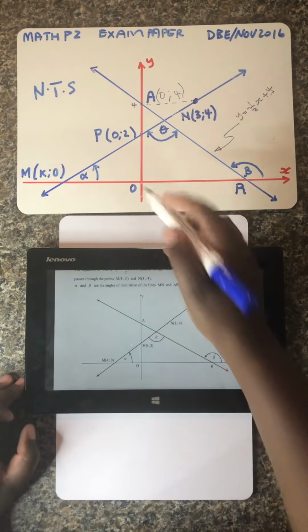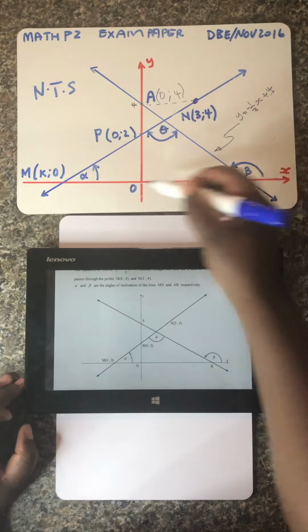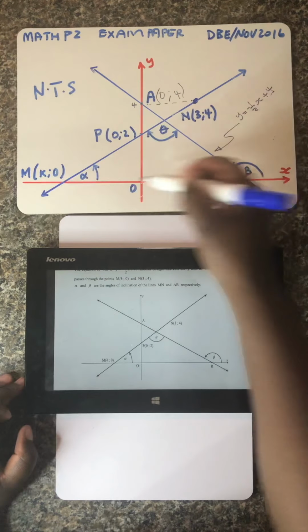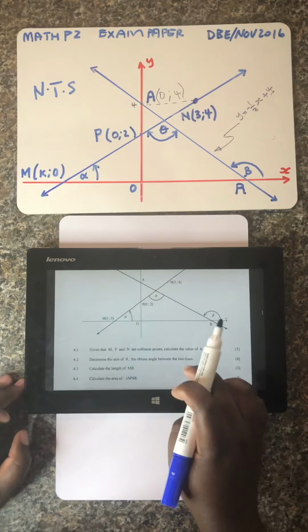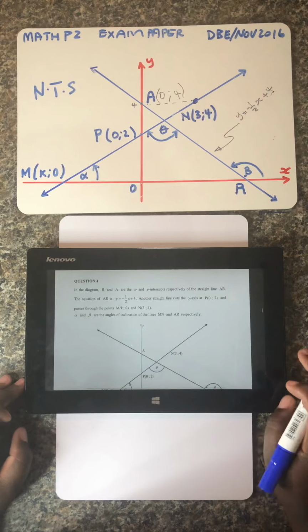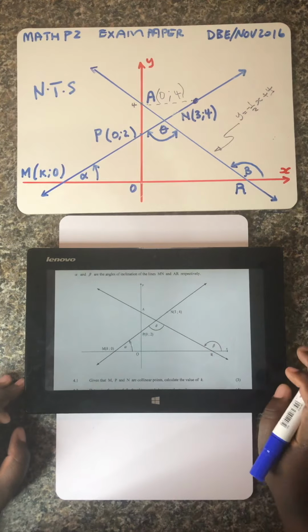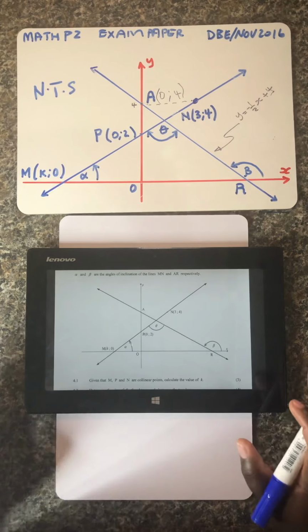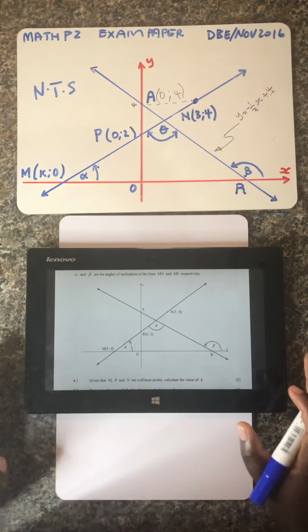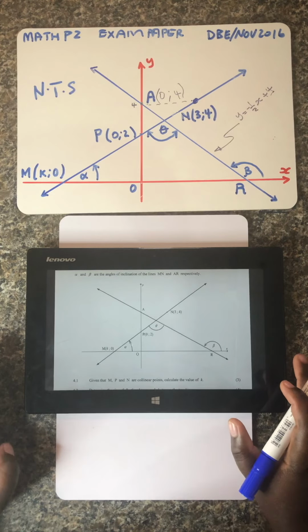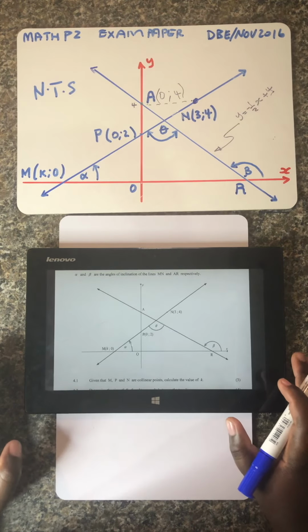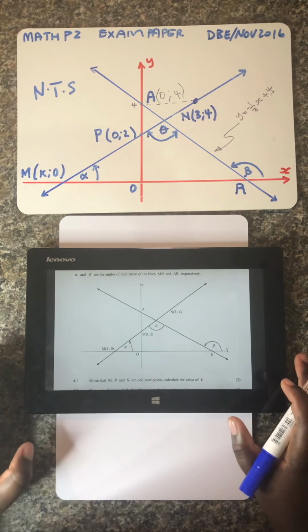So remember guys, these angles, I didn't just write them, I didn't just position them there. Even on the diagram they are there. So the other thing that I want you to notice guys is that please do not be confused by the Cartesian plane at all times. I've always been saying a Cartesian plane is where we draw our functions, so it's where we draw our graphs.